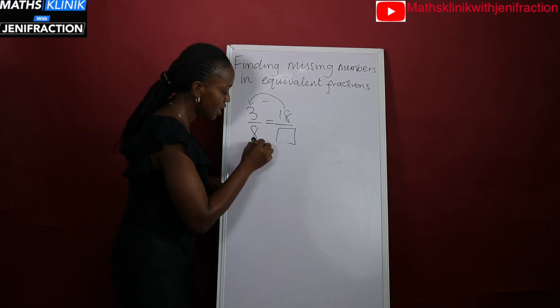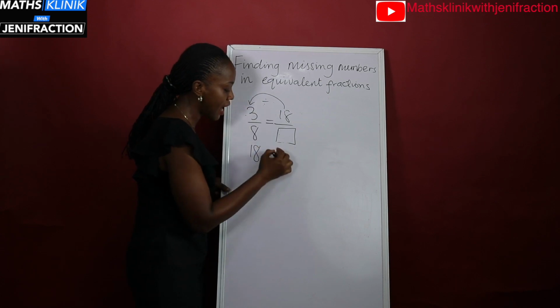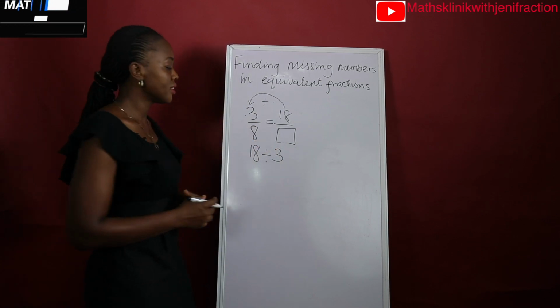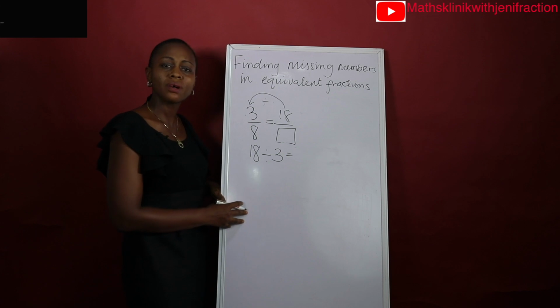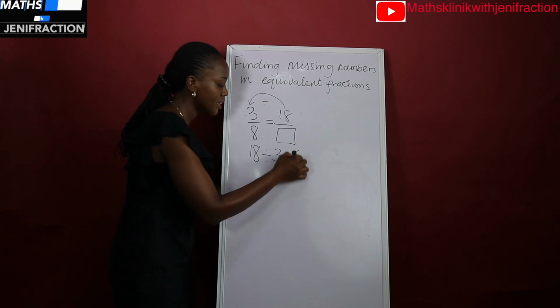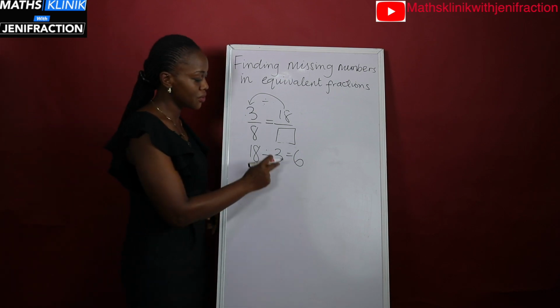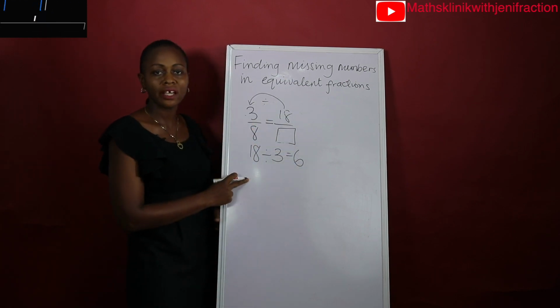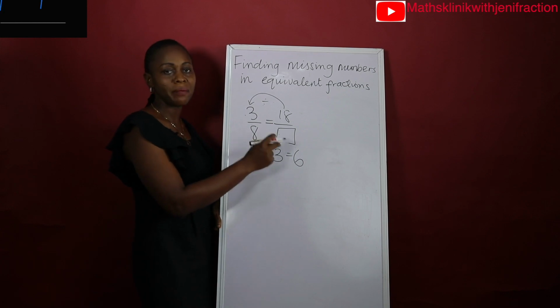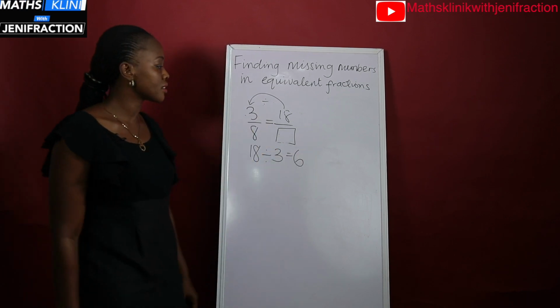Therefore, I'll say 18 divided by 3. 18 divided by 3 is what? 6. That means 3 times what will give us 18. So 3 times 6 gives us 18. 18 divided by 3 gives us 6.